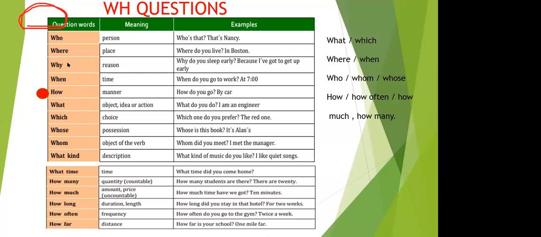You know that why is for a reason, it is used in the question, but in the answer we have something different. We don't use it in an affirmative. When we answer, we need to use because.